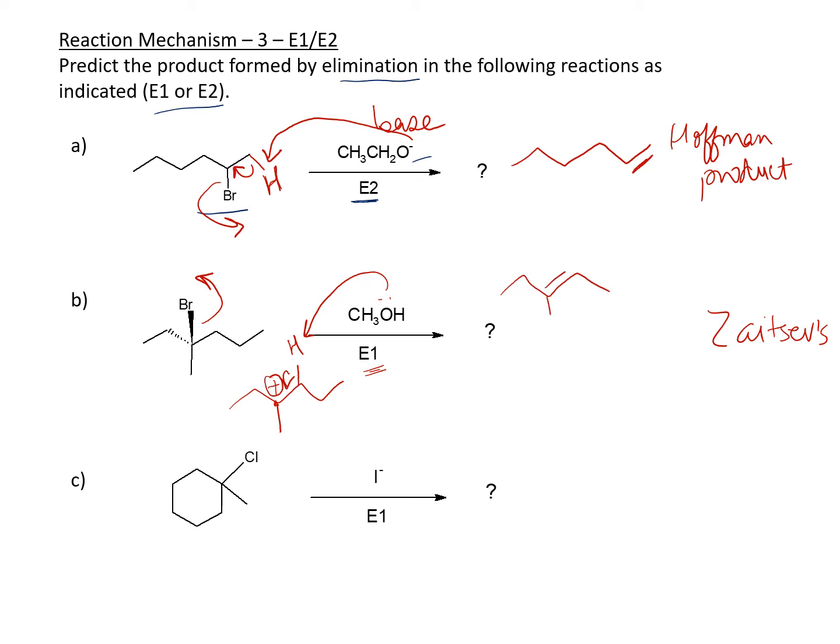I also have other hydrogens because I'm looking for a beta hydrogen. So remember, it's a 1,2 elimination. The alpha carbon is the one where the leaving group is, and the beta hydrogen is on the carbon next to the alpha carbon. So I have a beta hydrogen on this carbon, I have a beta hydrogen right here, that's beta, and then right here, this hydrogen is also going to be a beta hydrogen. So I eliminated my first beta hydrogen using this one.